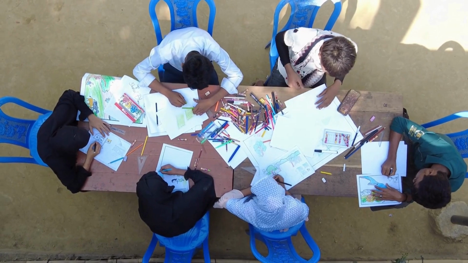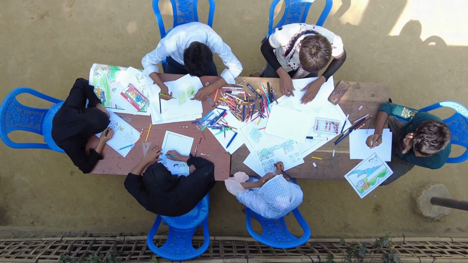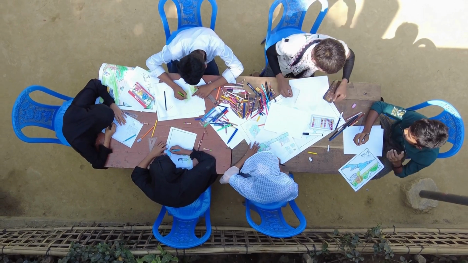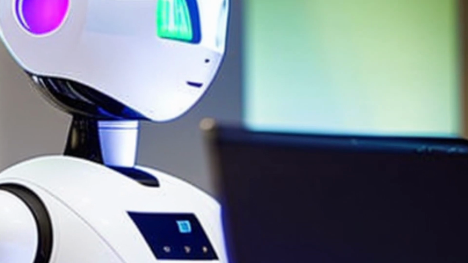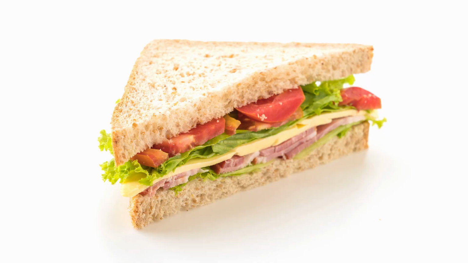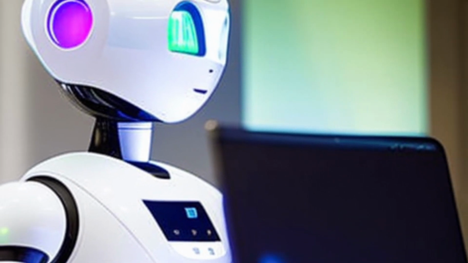Let's talk about loops. Let's assume that you're making a project with your friends and you call them to your home. After working for some time, you all feel hungry. Now you order the robot to make a sandwich. The robot is instructed to make a single sandwich. It is not going to make several other sandwiches.